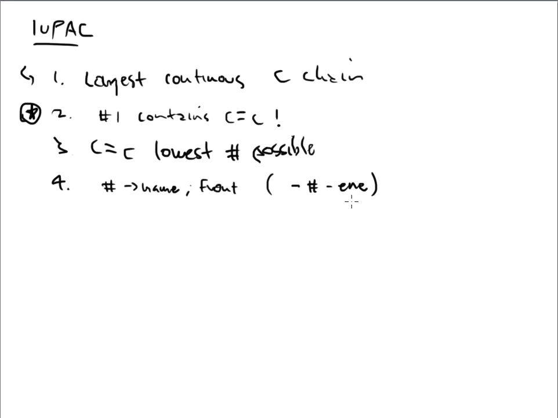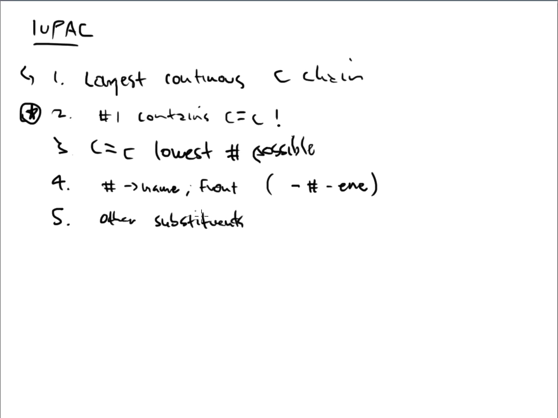So far, the only new thing really has been number two. Lowest number possible. Numbers go with groups. Longest continuous chains. I told you it was review, didn't I? Okay, number five. We also want to name any other substituent.